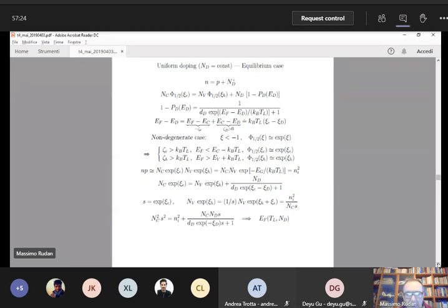It may come from the donors, from one of the donor atoms, or it may come from the valence band. If it comes from the valence band, it leaves behind a hole. If the electron comes from one of the donor atoms, it will leave behind an ionized donor atom, okay?